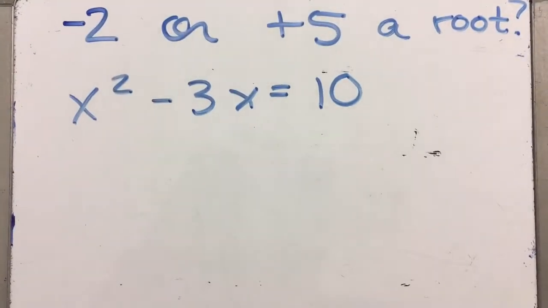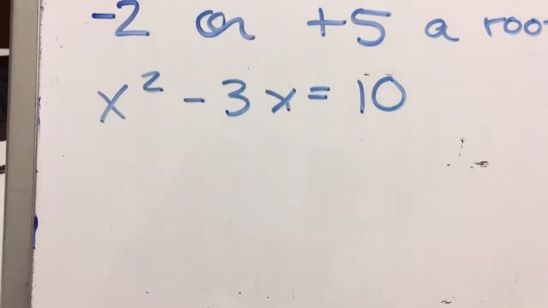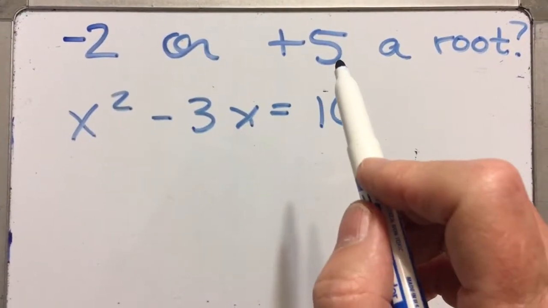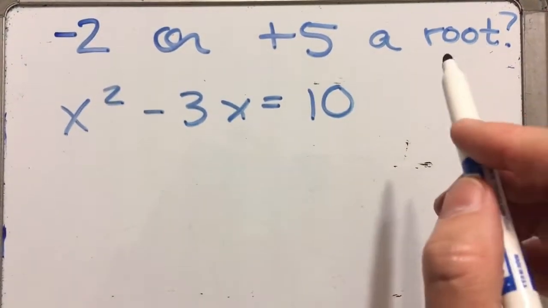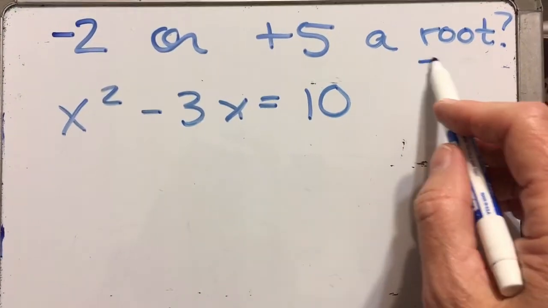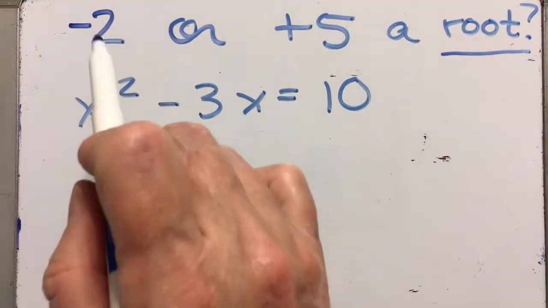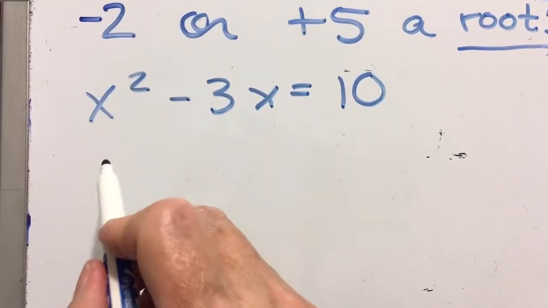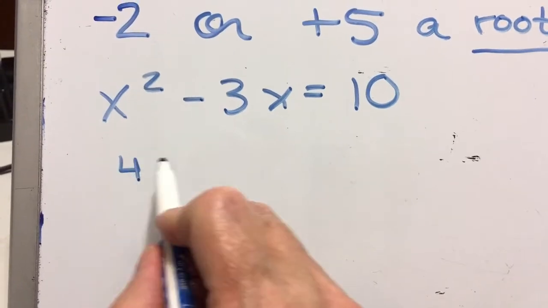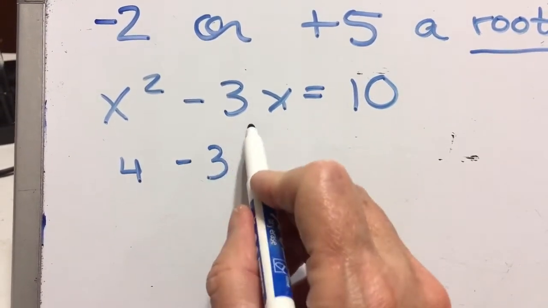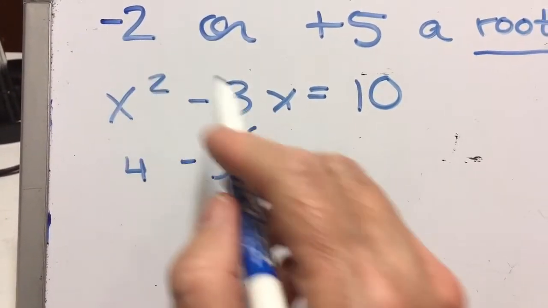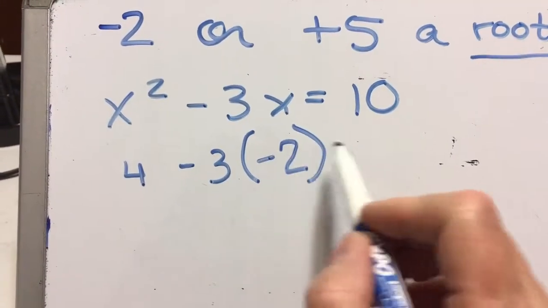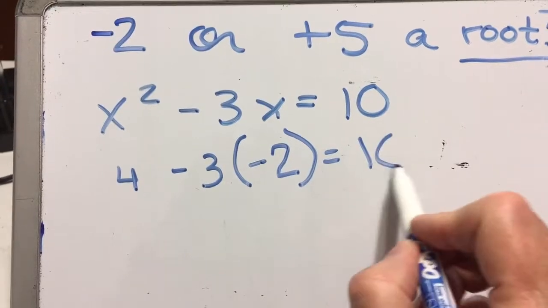Okay, here we have another question. This is example 22.2. Does -2 or +5, are they roots? Now, roots are the same thing as solutions. So we're going to see, does -2 satisfy the equation? -2 squared would be +4. Minus 3 times, now we're going to substitute in the -2 for the x, is 10.